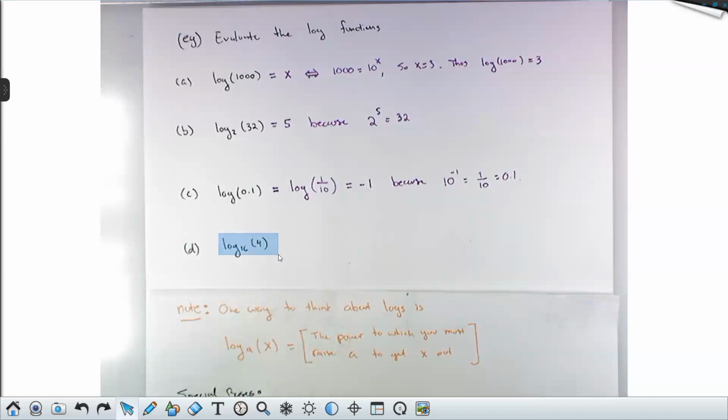This one is not an integer. To what power must I raise 16 in order to get 4 out? So 16 to what power is equal to 4?